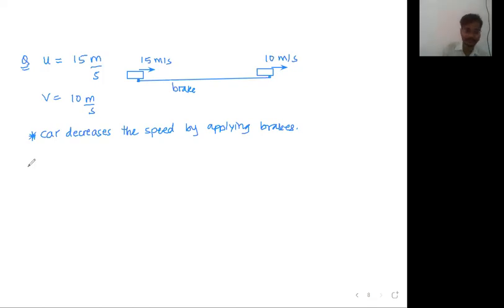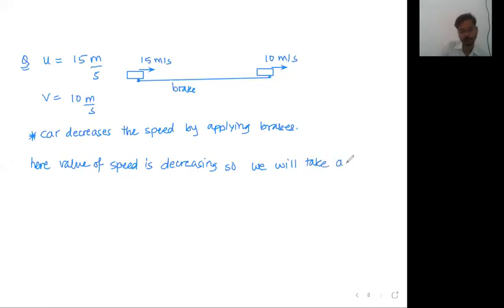In that case, the value of acceleration will be negative. So here the value of speed is decreasing, so we will take acceleration value negative.